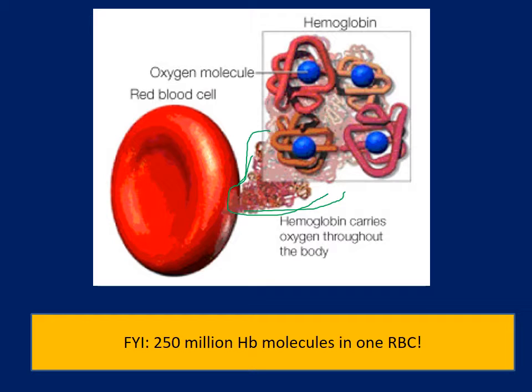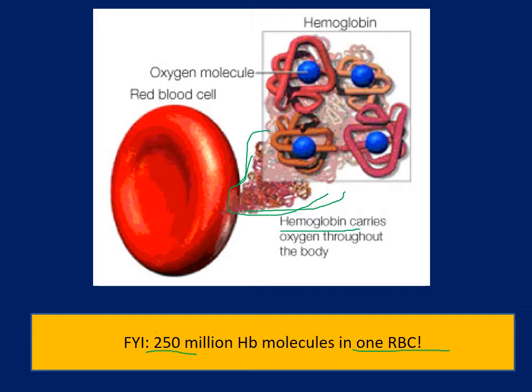And just as an FYI, you definitely don't need to know this, but one red blood cell contains 250 million hemoglobin molecules. So when we look at this red blood cell, it basically has some support scaffolding to keep its shape, but other than that, I'm sorry, it's just packed with hemoglobin, and hemoglobin is what is carrying the oxygen.